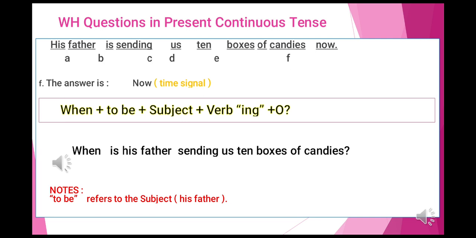Time signal. Okay? So we use when. When is his father sending us 10 boxes of candies? Okay, the note: to be refers to the subject. Subject is his father.